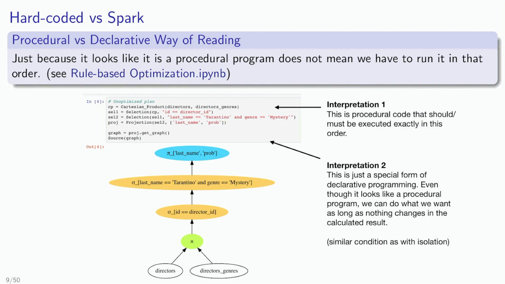The other interpretation, number two, is that this is just a special form of declarative programming. With a relational expression, I'm just declaring how my result should look. I'm declaring what I want to compute. And in that world, the database system is free to play tricks and change the order.